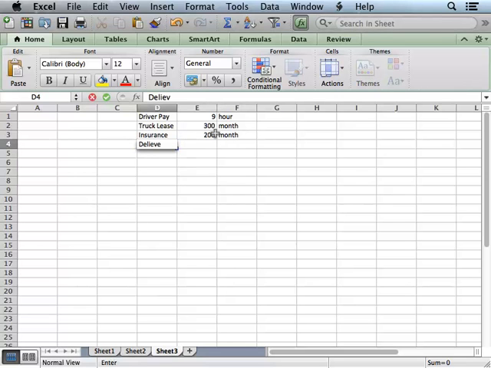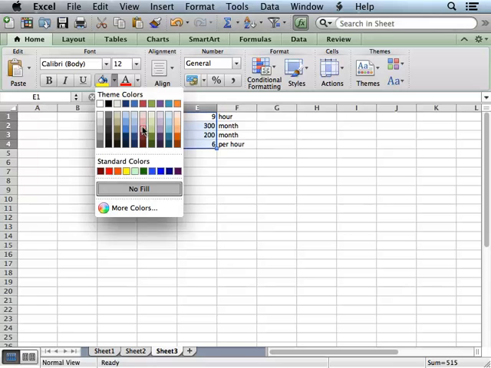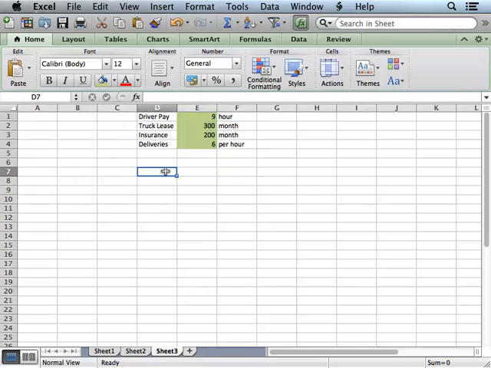So we'll say deliveries, 6 per hour. Okay, so these are the facts of my case. And I highlight them in green to make it clear what they are. Now, as I read the case, I realized that it was an income statement model.